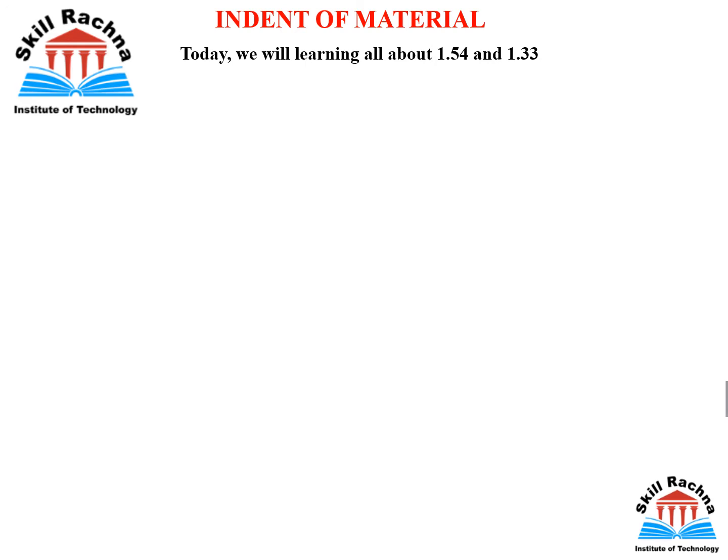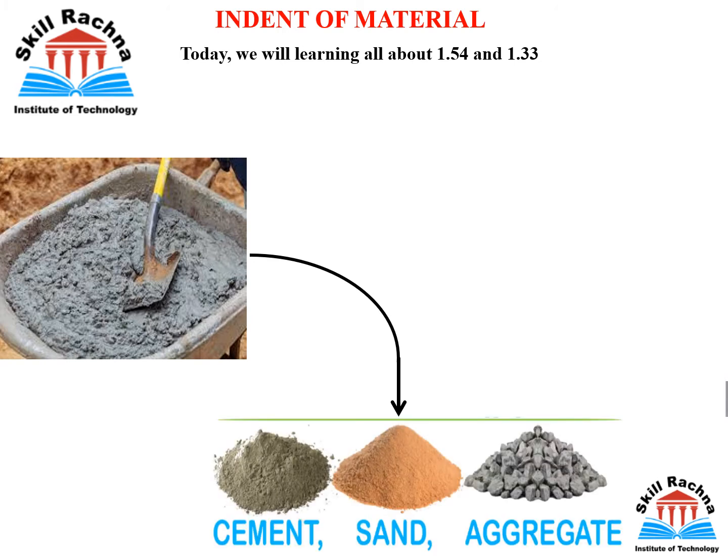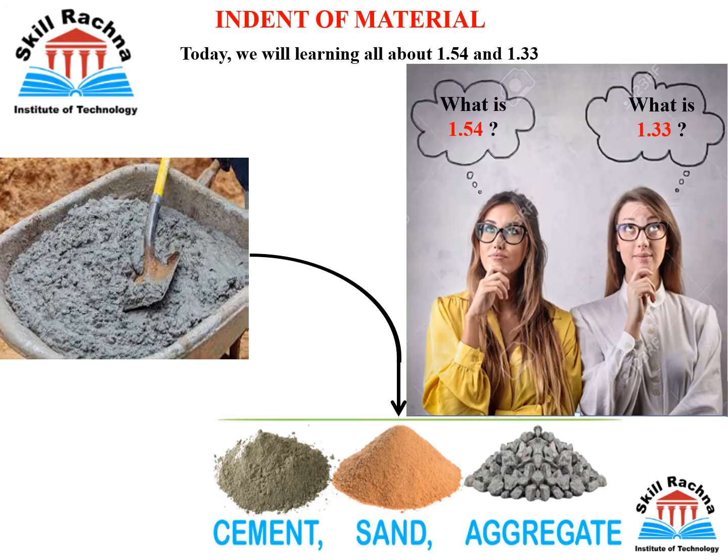In this video, we will be learning what is 1.54 and 1.33. Whenever we want to calculate the ingredients quantity of concrete, that is cement, sand and aggregate, we are using some of the values like 1.54 or 1.33.